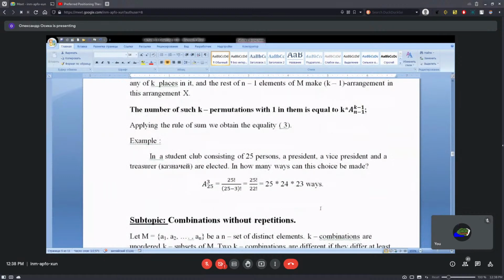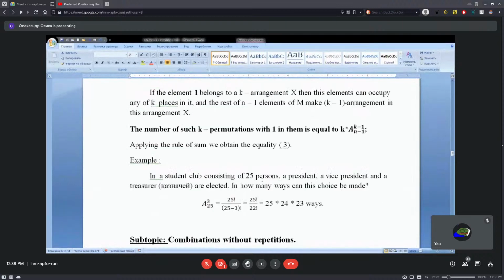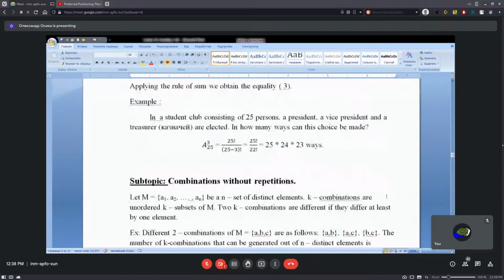Example. Just for the number of permutations without repetitions. In a studio club consisting of 25 persons, a president of the club, a vice president, and a treasurer, казначей, are elected. In how many ways can this choice be made?